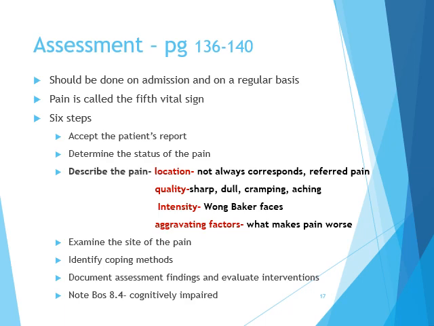And then another type O note, box 8.4. I was pointing you to the cognitively impaired patient. So that's on page 140. I want you to know this because it's important, because you're going to have cognitively impaired patients. How do you know when they're in pain? They can't tell you.